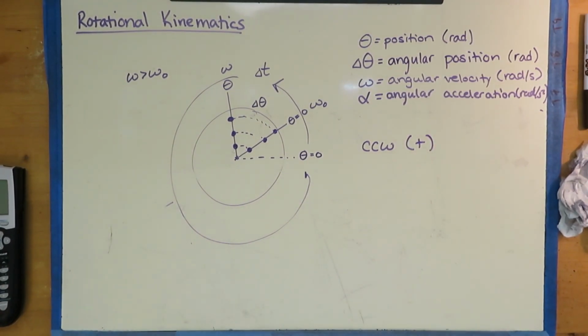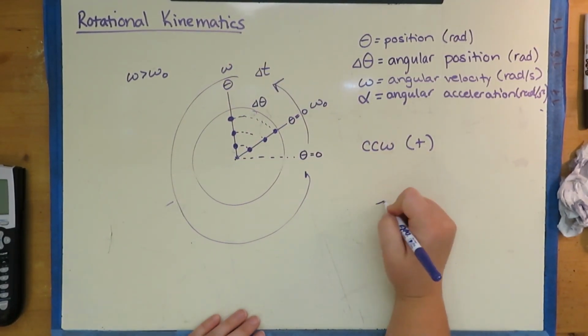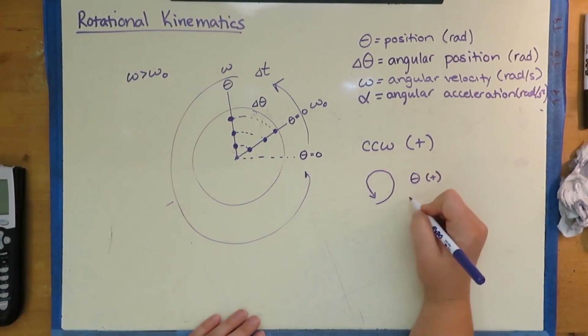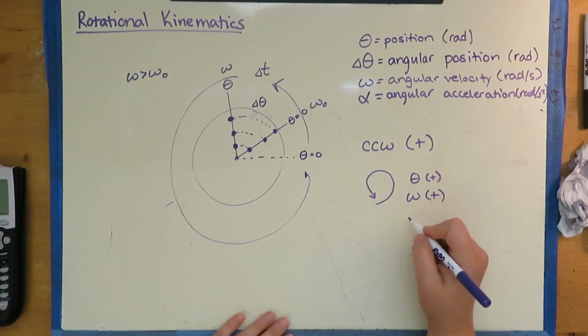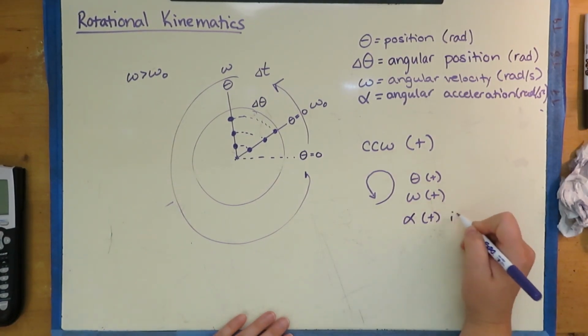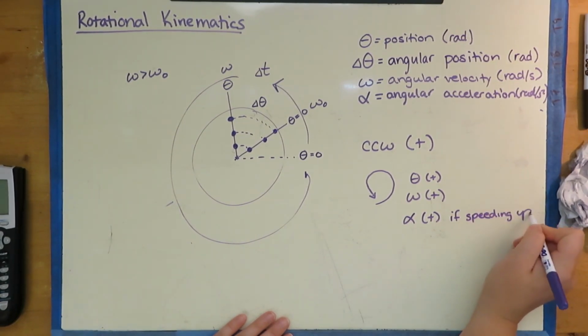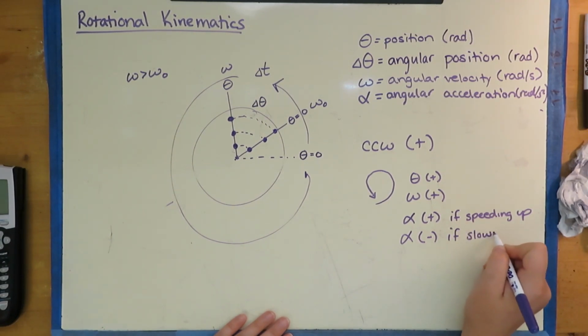So if I'm rotating counterclockwise, that means theta is positive, omega is positive. And once again, you can't tell alpha unless you know whether you're speeding up or slowing down. So your alpha would be positive if you're speeding up, and your alpha would be negative if you were slowing down.